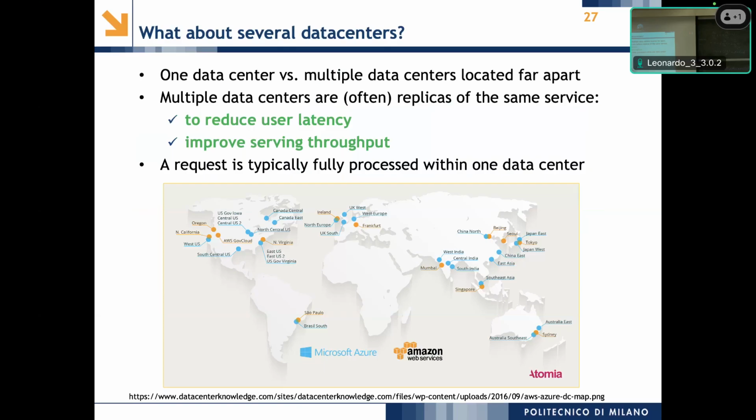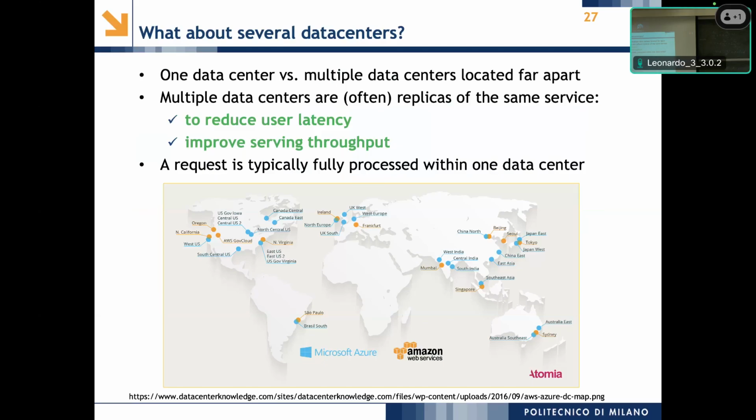This is both Microsoft and Azure a few years ago. The reason is that there I have a lot of customers, and in this way you can reduce the latency and improve the throughput of your applications.